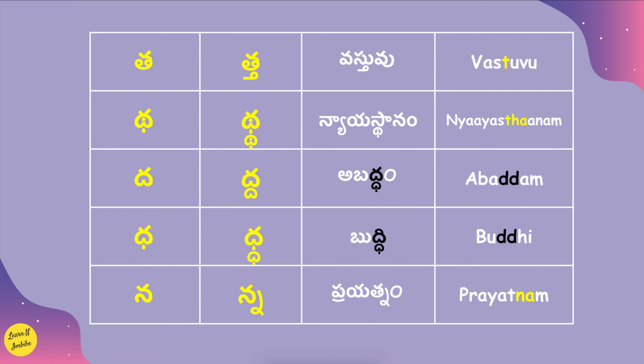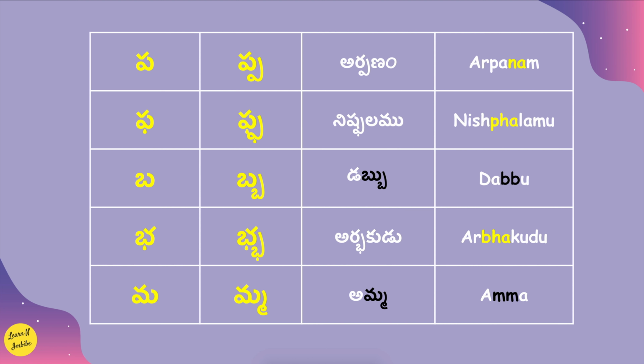N, Prayatnam, which is a try. P, Arpanam, which is to offer or offering. Ph, Nishphalam, which is to be unsuccessful.